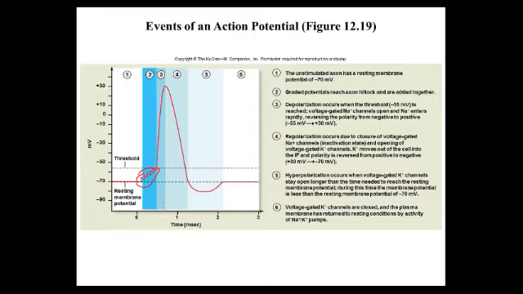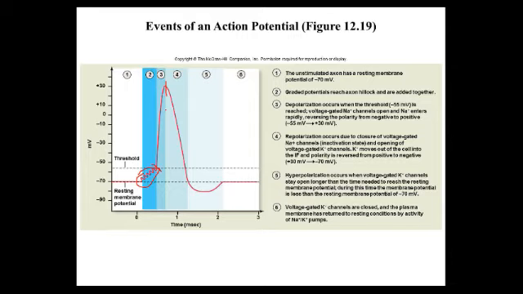When we reach threshold, there's threshold right there. From right there to right there, what kind of channels are open? Voltage gated sodium channels. And the sodium's rushing in to make it more negative? No, to make it less negative.